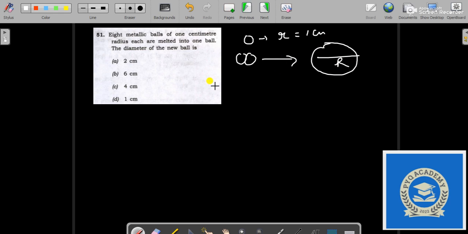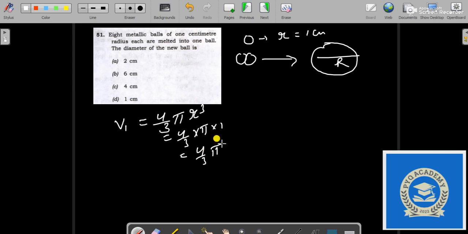Okay, so let's first find the volume of the first ball. It will be 4 by 3 pi r cube, that means 4 by 3 into pi into 1, that means 4 by 3 pi. And if there are 8 balls, it will be 8 V1, that means 4 by 3 pi into 8.